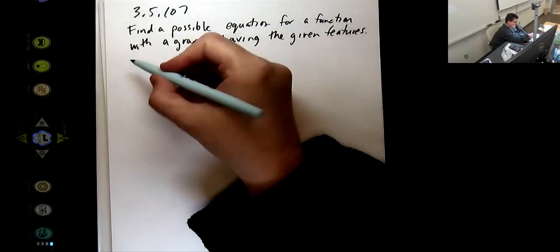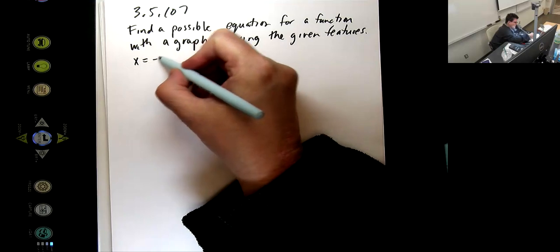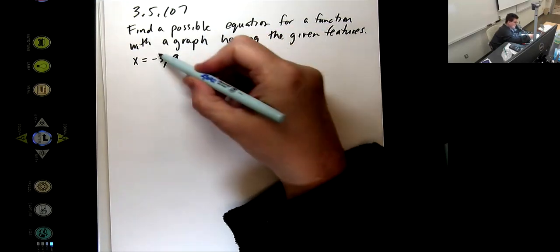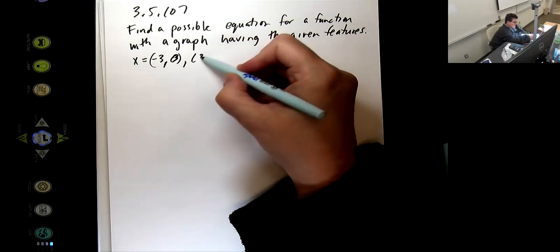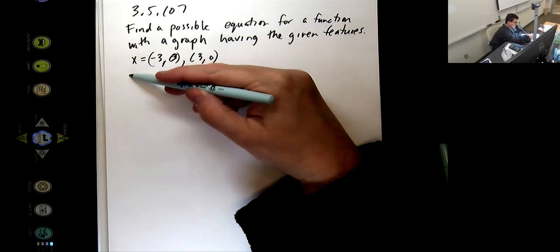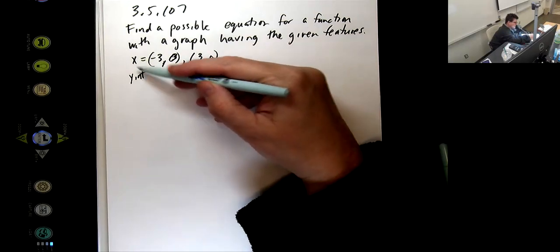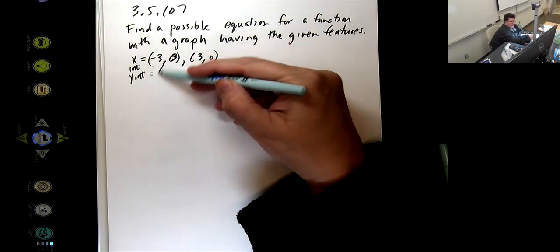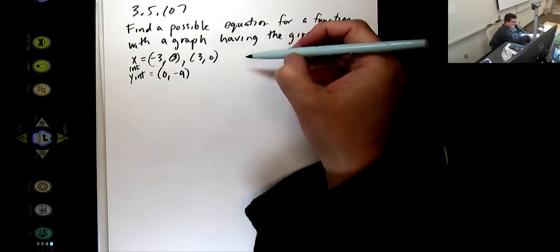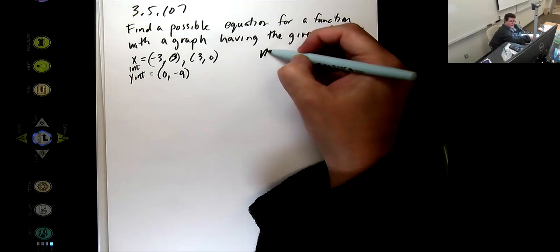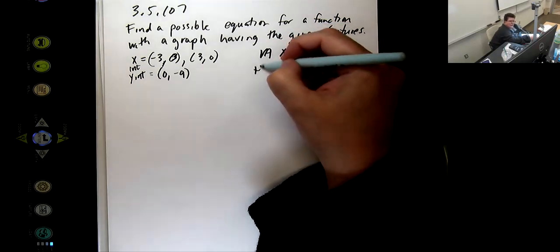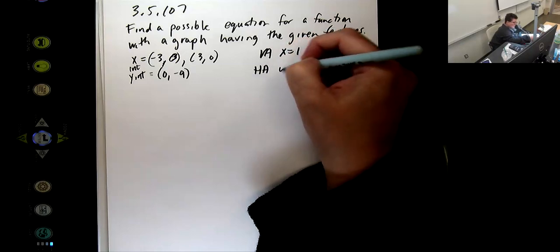We have x-intercepts at -3 and 3, well, (-3, 0) and (3, 0). The y-intercept is (0, -9). We have a vertical asymptote at x equals 1, and a horizontal asymptote at y equals 1.